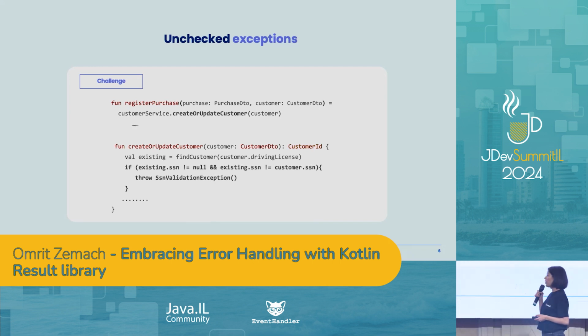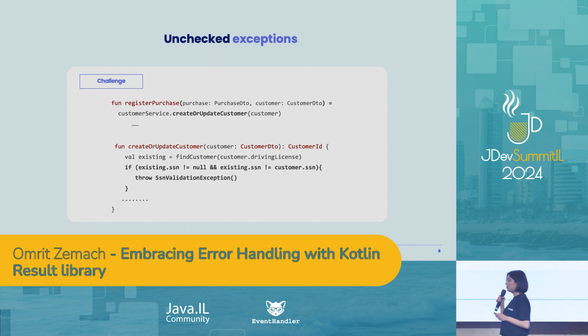But if I go inside the implementation, I will discover that in some cases, when the customer is a returning customer and his details are different from the ones in our database, we are throwing an exception. As a developer, I may not be aware of this potential exception, and this can eventually be propagated to the end user as a general error, and he may think that the product is not working.